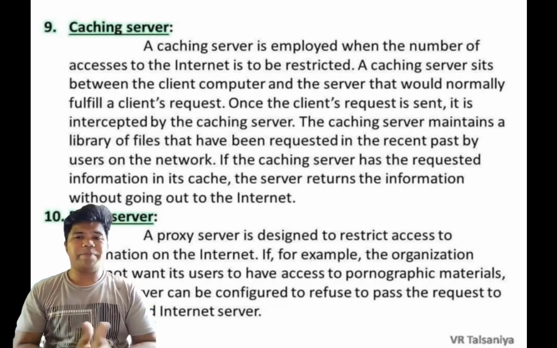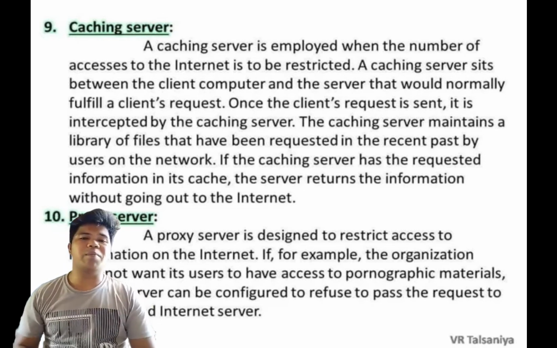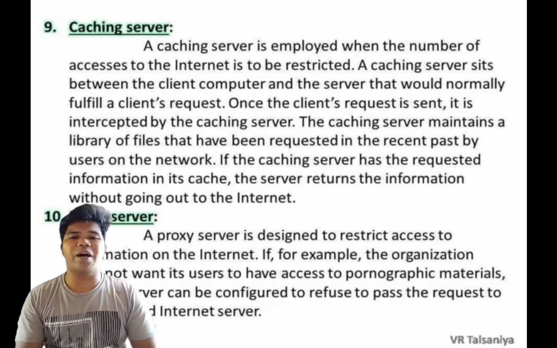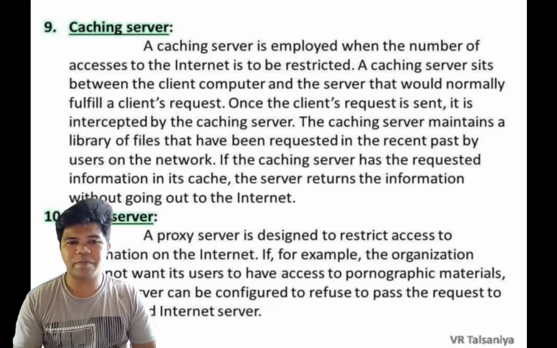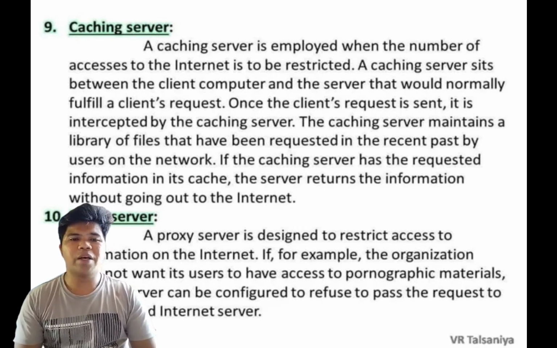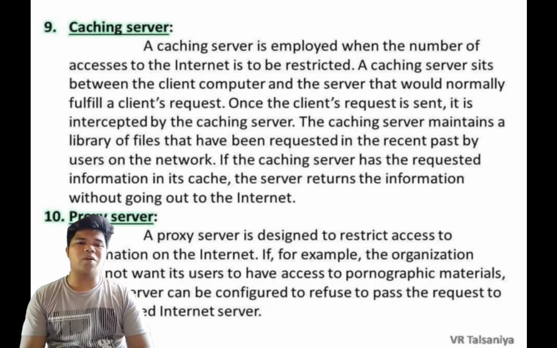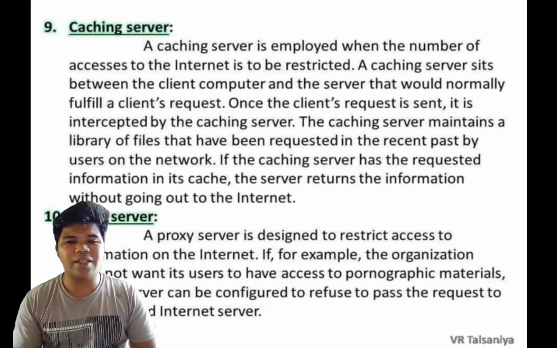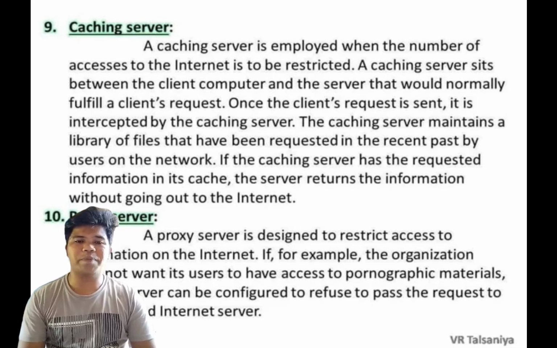Number 9, caching server. A caching server is employed when the number of accesses to the internet is to be restricted. Once the client request is sent, it is intercepted by the caching server.